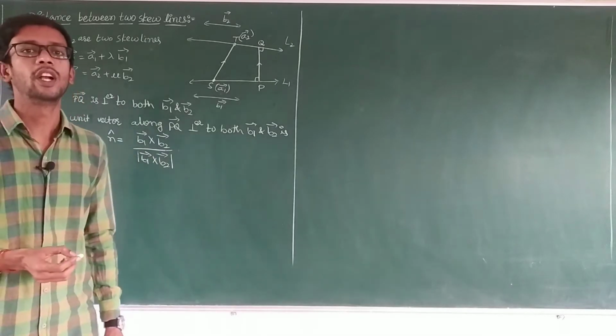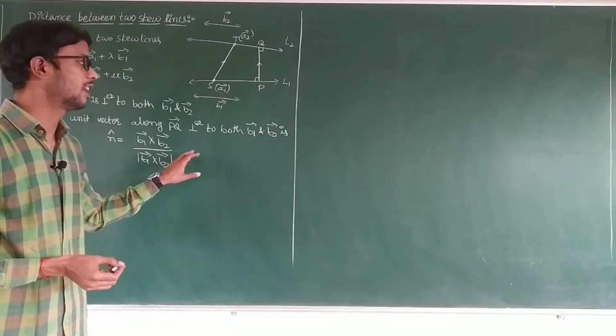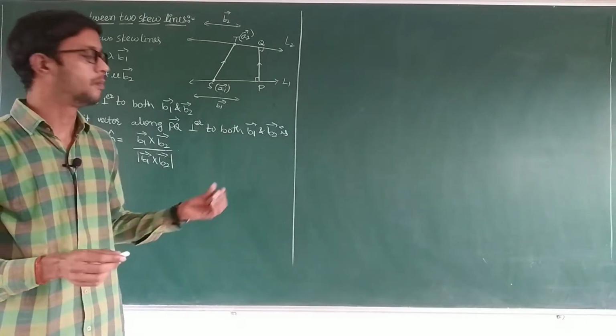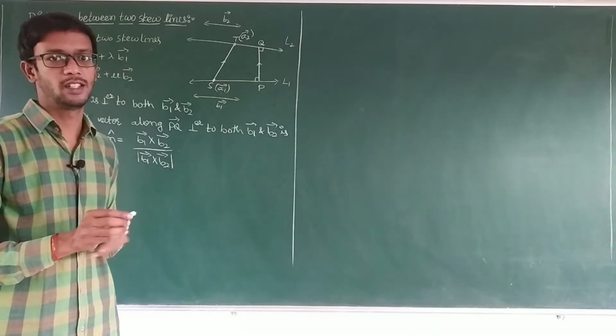This is a unit vector in the direction of PQ, which is perpendicular to b1 and b2. We have a formula in vector algebra for this.